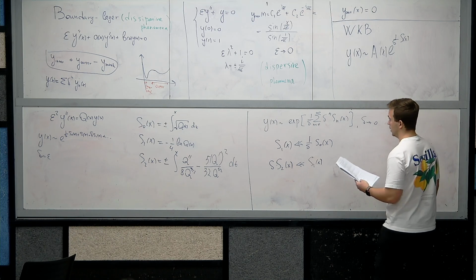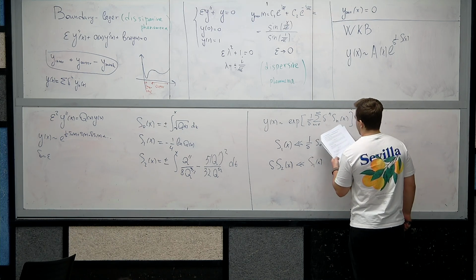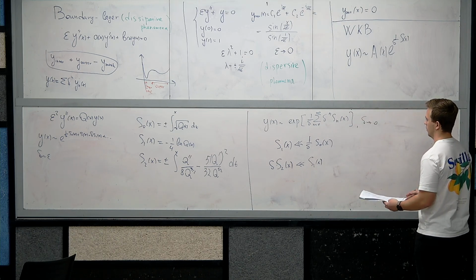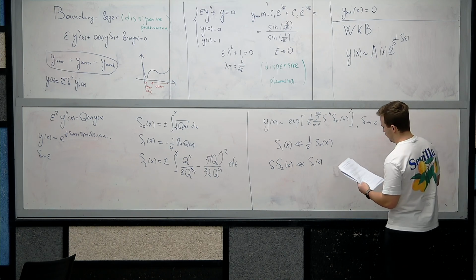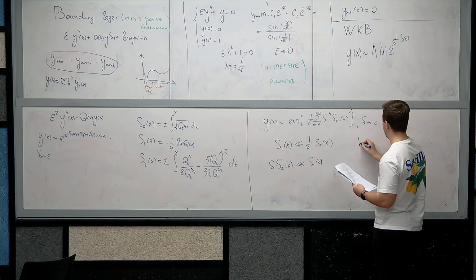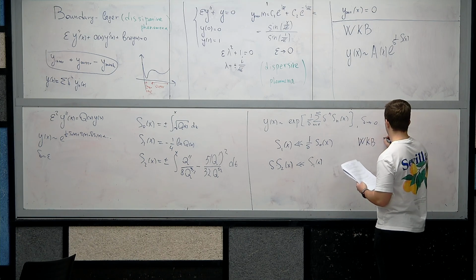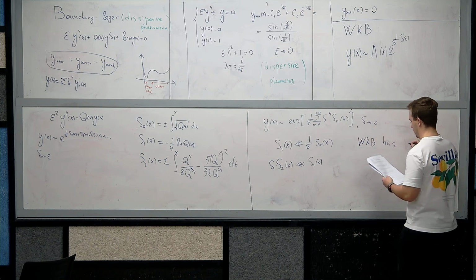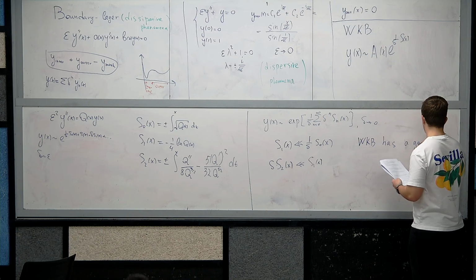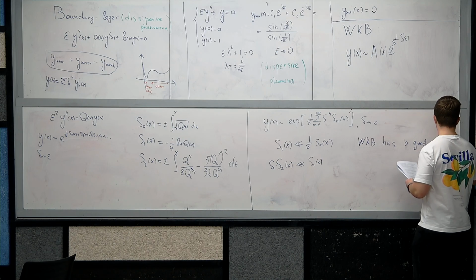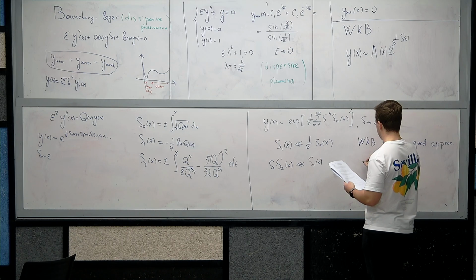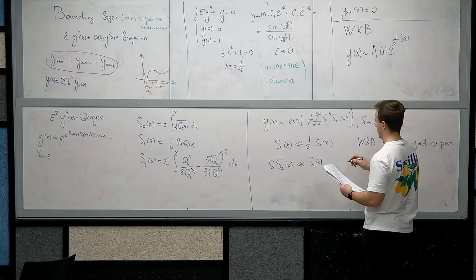But because we truncate the series, we also sometimes need to find the error, and we can find it. So WKB has a good approximation if the next neglected term is small.